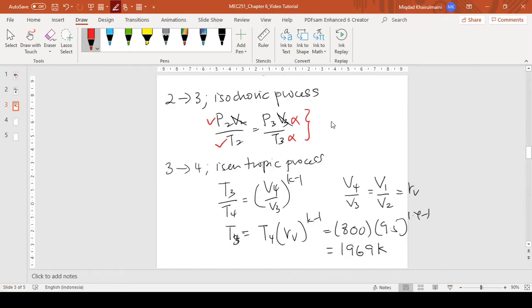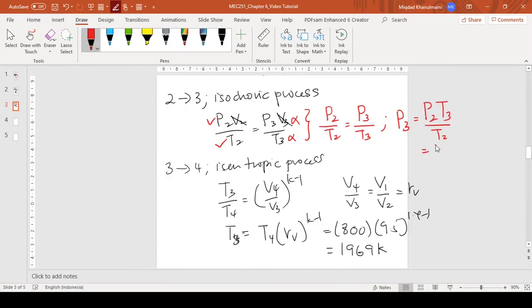We have P2 and T2, and we want to calculate P3. We have already calculated T3. So using the combined gas law, we can solve for P3, which is P2 T3 over T2.